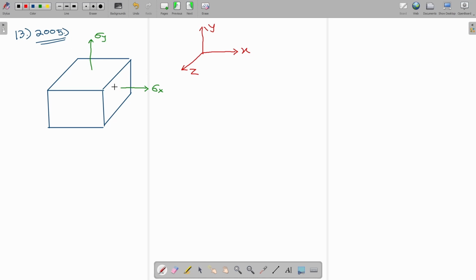Now, along this direction, a shear stress component will be acting as tau xy.